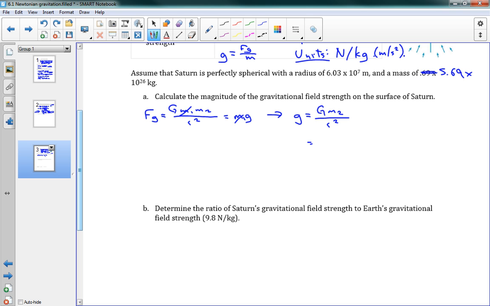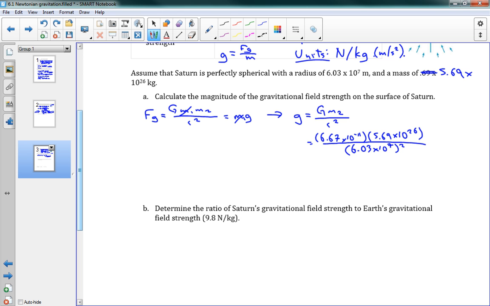Okay, so I can plug in some numbers here. We have 6.67 times 10 to the negative 11. The mass is 5.69 times 10 to the 26. And we will divide by the radius squared. So we have 6.03 times 10 to the 7. We'll square this guy.